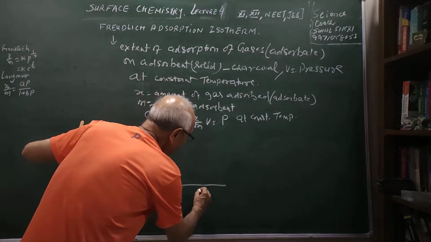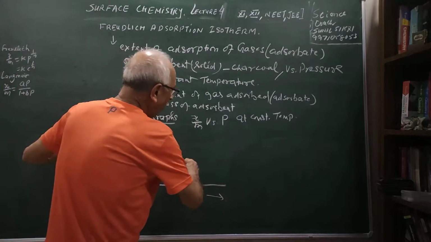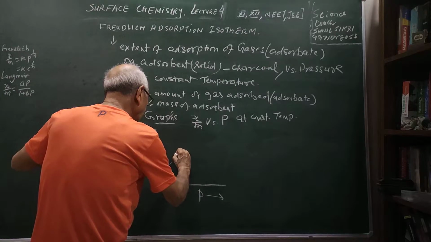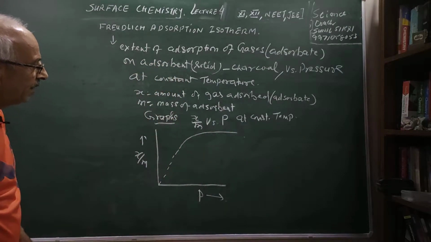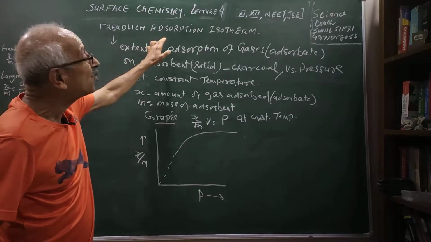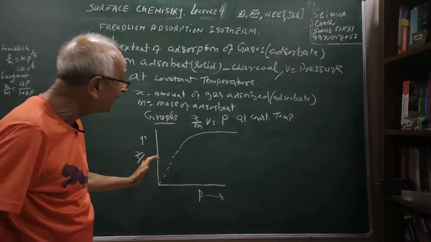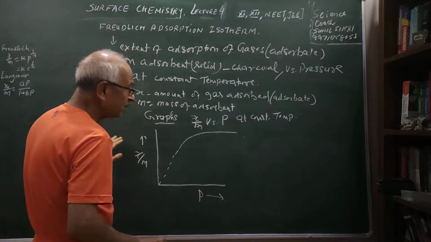And here is my pressure, and he got experimentally a graph which looked like this. This is called the Freundlich adsorption isotherm. That means at constant temperature, the extent of adsorption versus pressure.